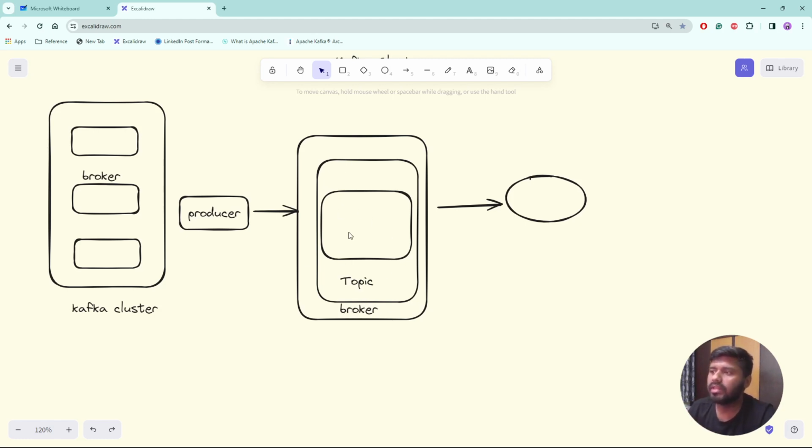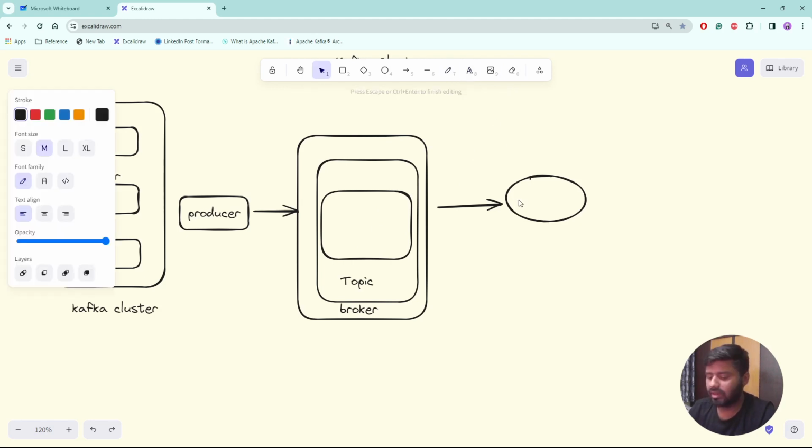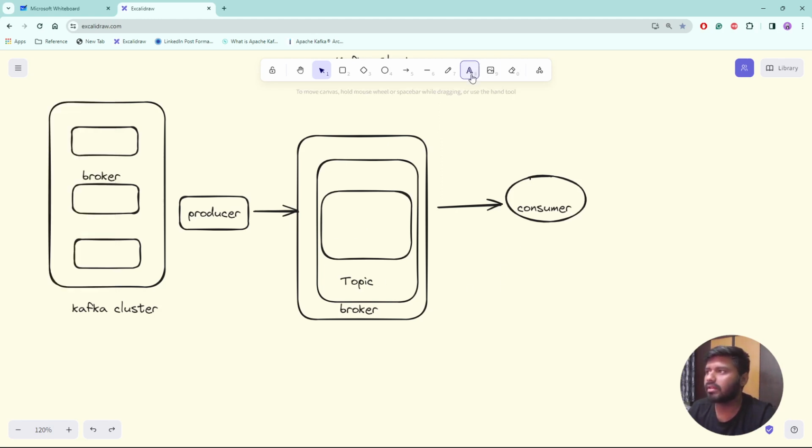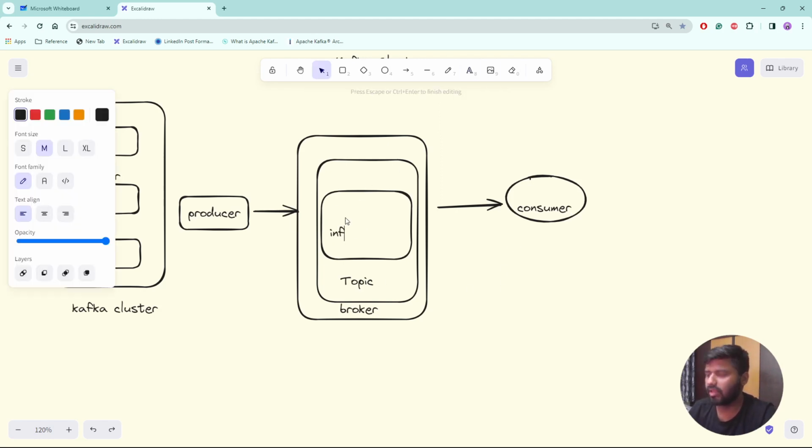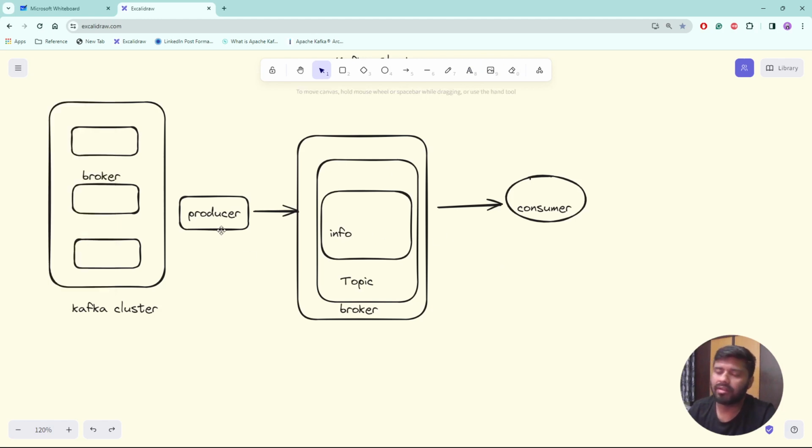After that, within the broker, the information gets stored into the topic, and finally it goes to the consumer. Basically, whatever the producer produces from here gets stored over here.